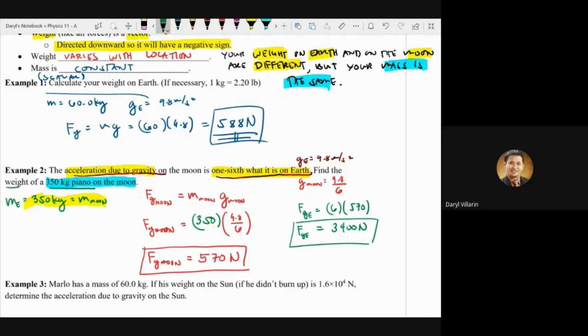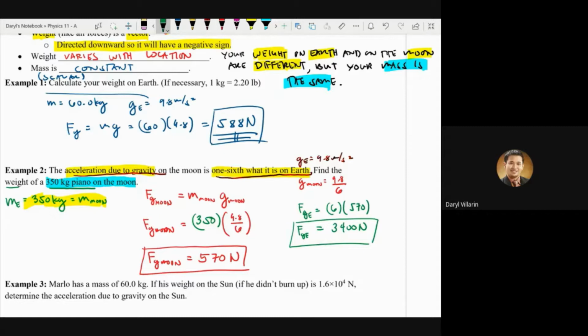That means that the rate of change of your velocity here on Earth is around 9.8 meters per second in every second. If you're just dropping yourself on Earth, after 1 second, your velocity becomes 9.8. And then 2 seconds after, it becomes twice of that, 19.6. Okay? Then so on and so forth. So you have an increasing velocity.